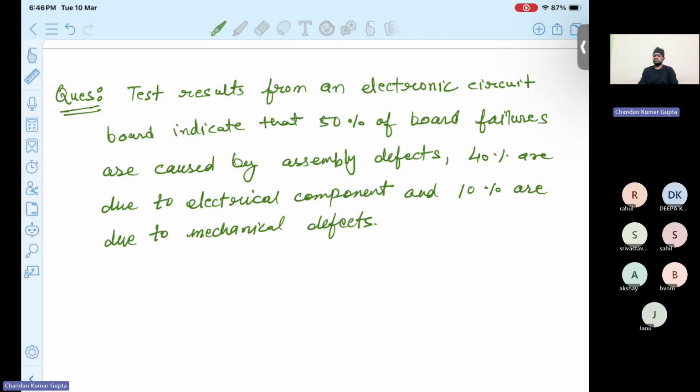Okay, 50% of board failure caused by assembly defect, 40% electrical components, and 10% due to mechanical defect.